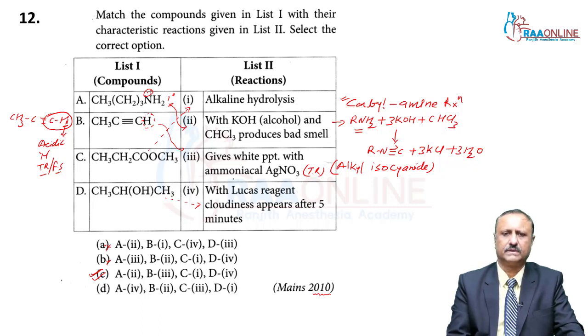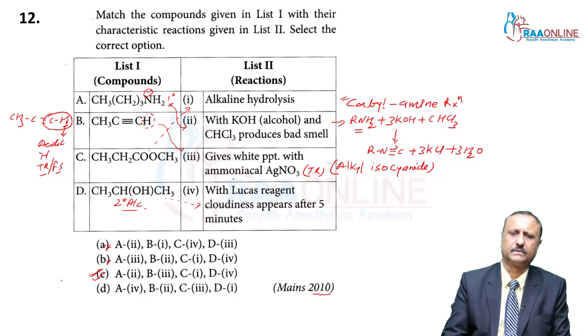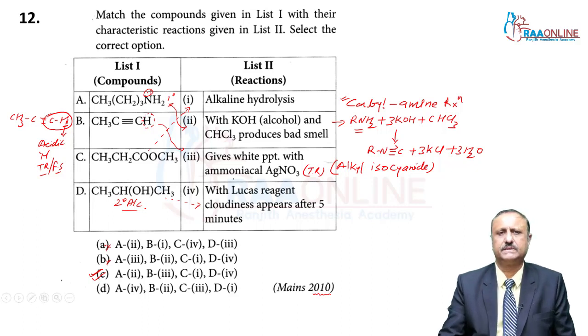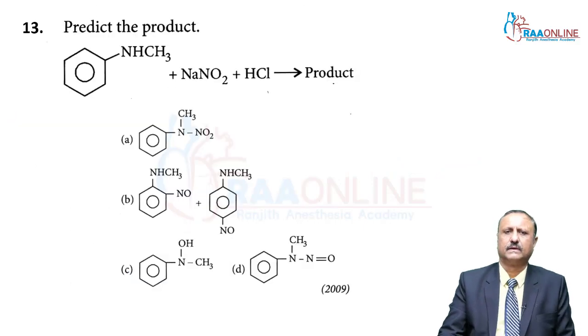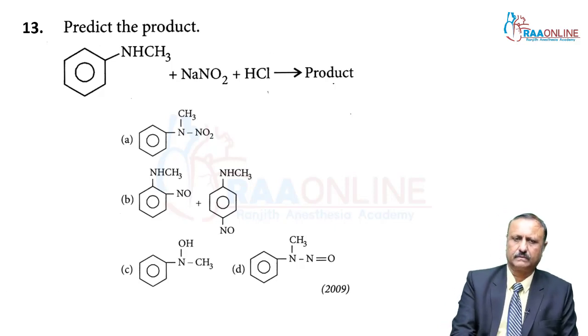You know this test because it is a secondary alcohol. So, you know the name of the reaction as well as the test as well as different reactions in different products, in different compounds. So, you can solve this question easily. Now, my dear friends, the next question is to predict the compound or product. Here, this is the secondary amine, my dear students.